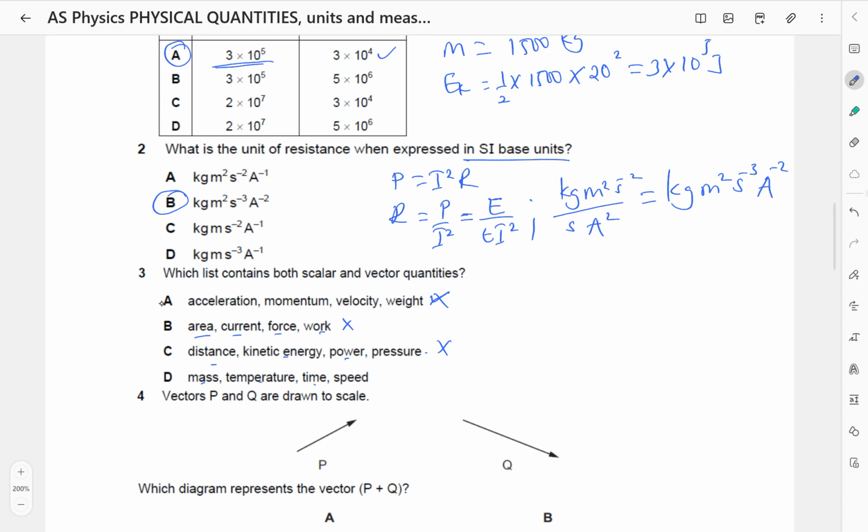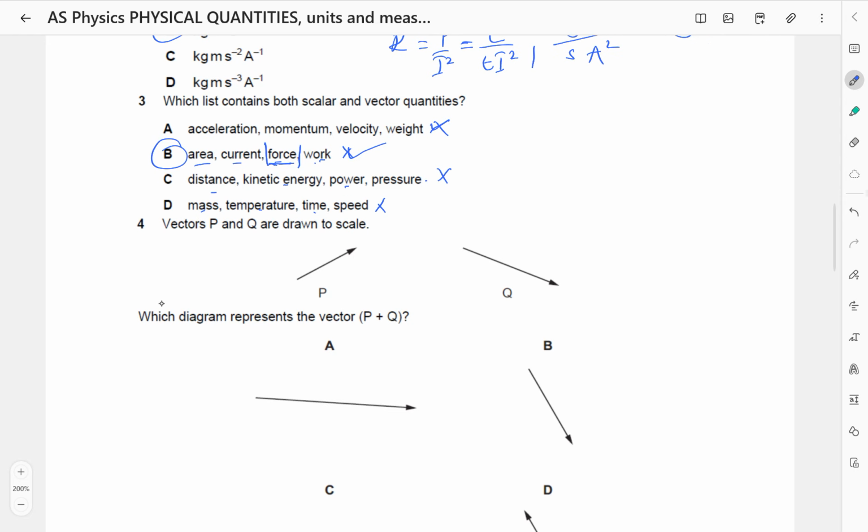The question is, which list contains both? Oh, sorry, this one is here. Force is a vector quantity, so this is the correct answer. The answer is B. Area is a scalar, current is a scalar, force is a vector, work is a scalar. So this one contains both scalar and vector quantities.